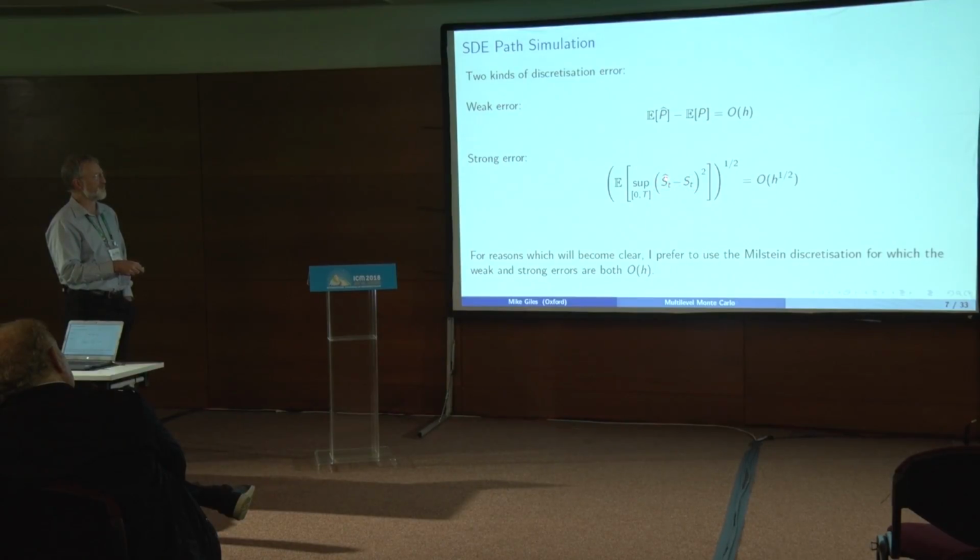Now, we have to define an appropriate interpolant of this between the various time steps, but given a suitable interpolant, then this root mean square difference between the approximate path and the true path scales like the square root of the time step. This is really a pitiful order of convergence.